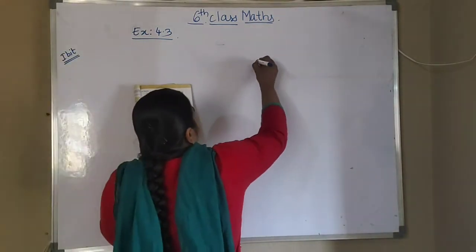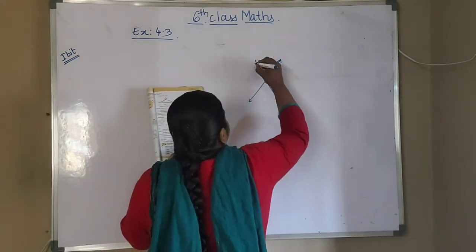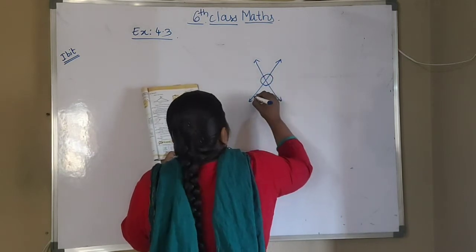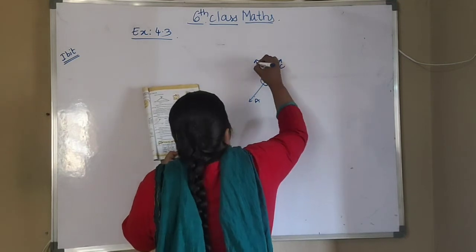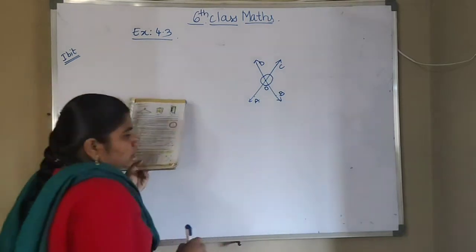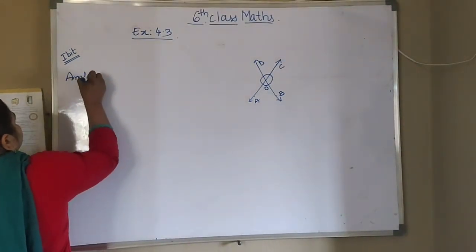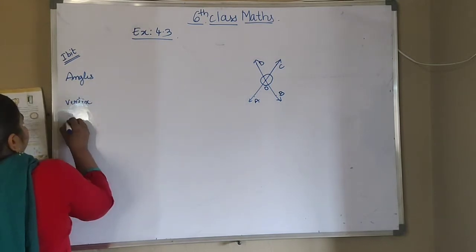So they have given one figure. This intersection point is called as O. So first angles, second vertex and arms.